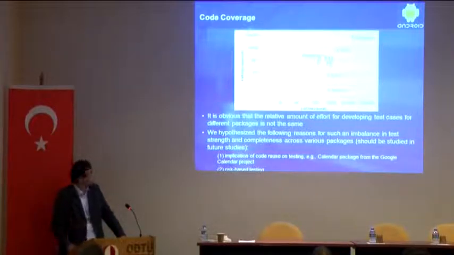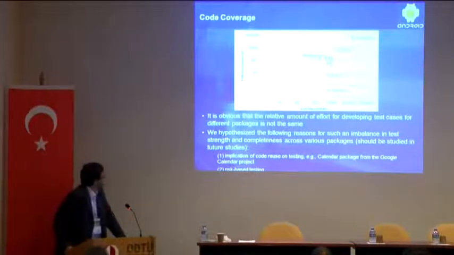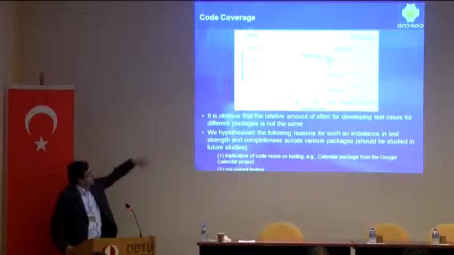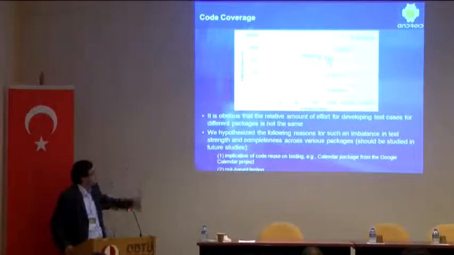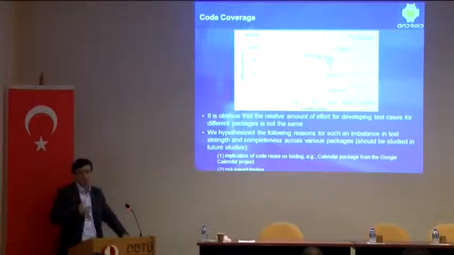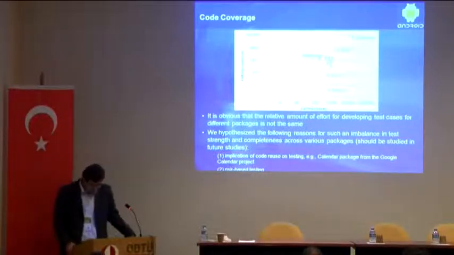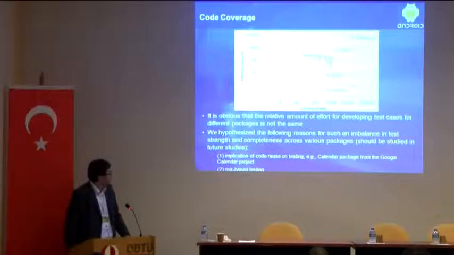There are many questions that we tried to ask. Answering them wasn't that easy. We came up with some potential reasons for such an imbalance in test strength, or in test effort spent by the team behind it. For example, code reuse.